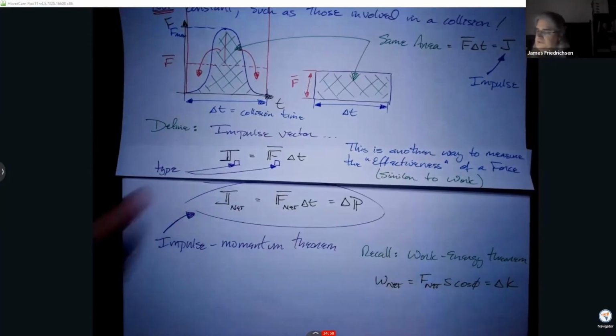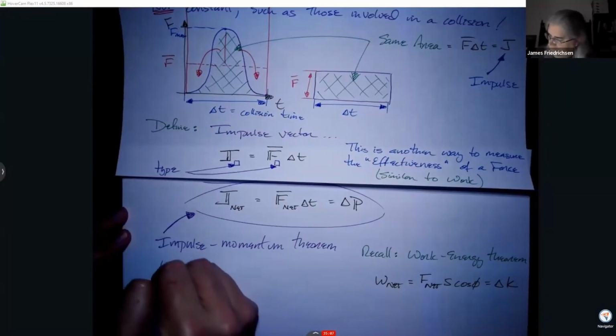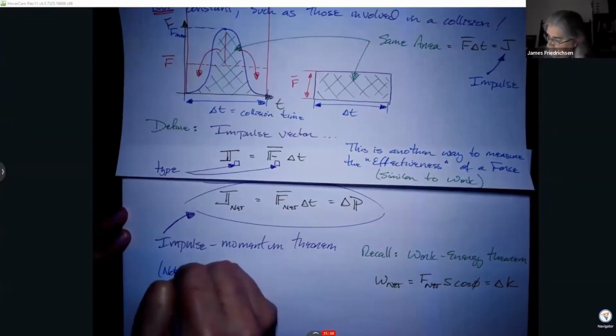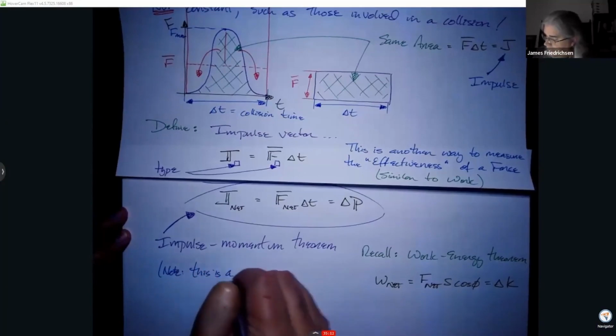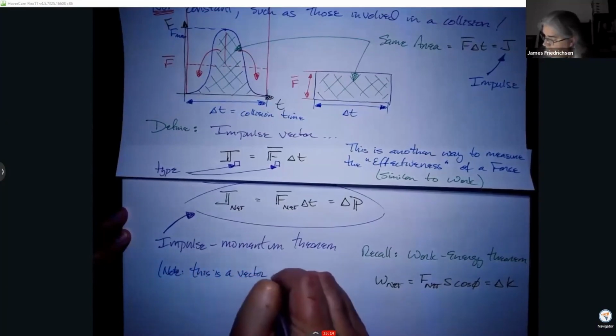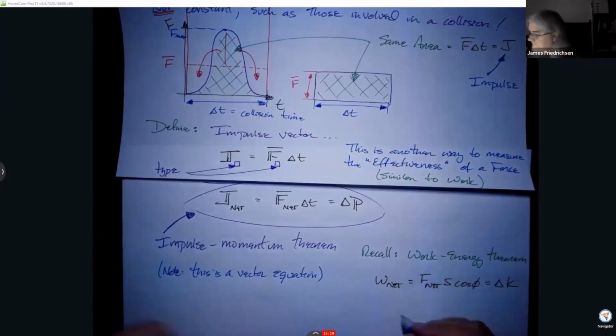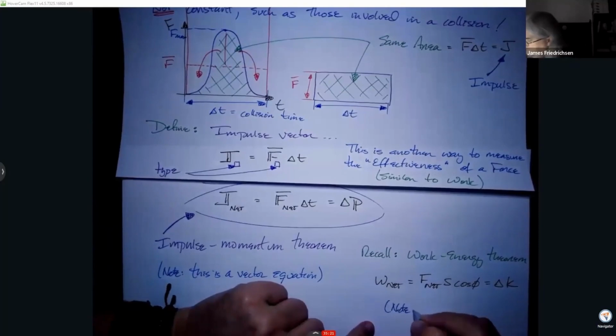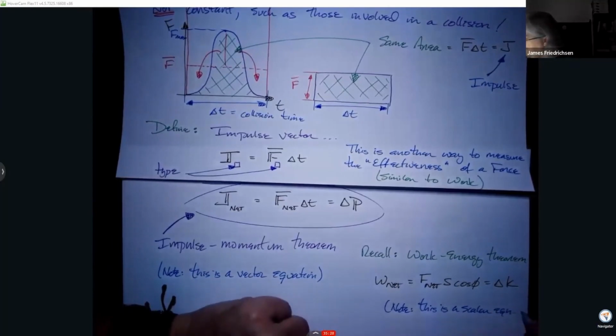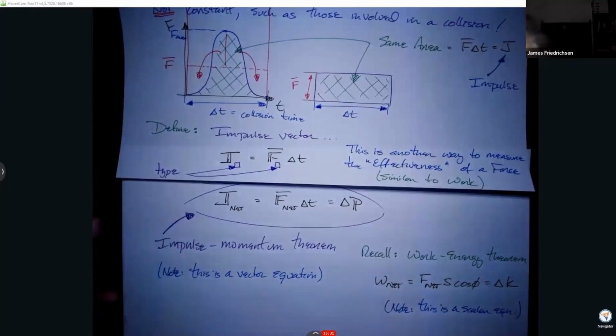One of the big differences between these two is that this expression is a vector expression, and this one is a scalar. So this one's a scalar, that one's a vector.